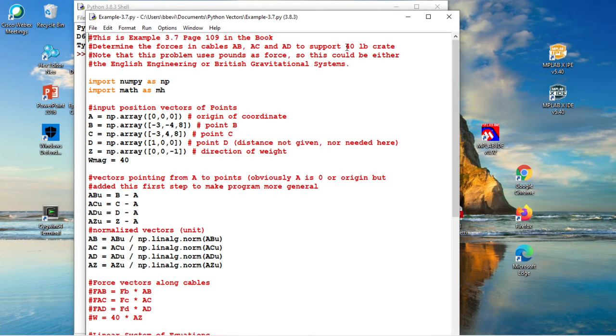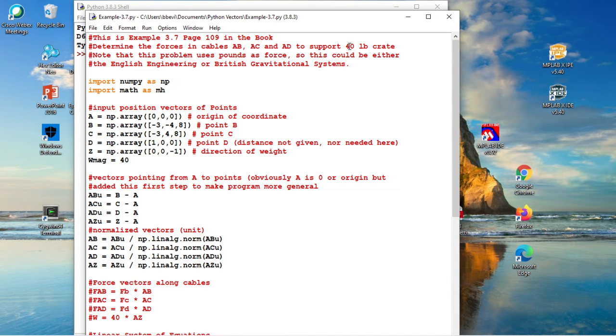Now, let me just point out one thing. Here it says 40 pounds. So when you see a 40-pound crate, the first thing that's going to go through your mind is, okay, pounds, are we talking about pounds mass? Are we talking about pounds force? If we're talking about pounds force, then we could be in either English engineering or British gravitational systems.